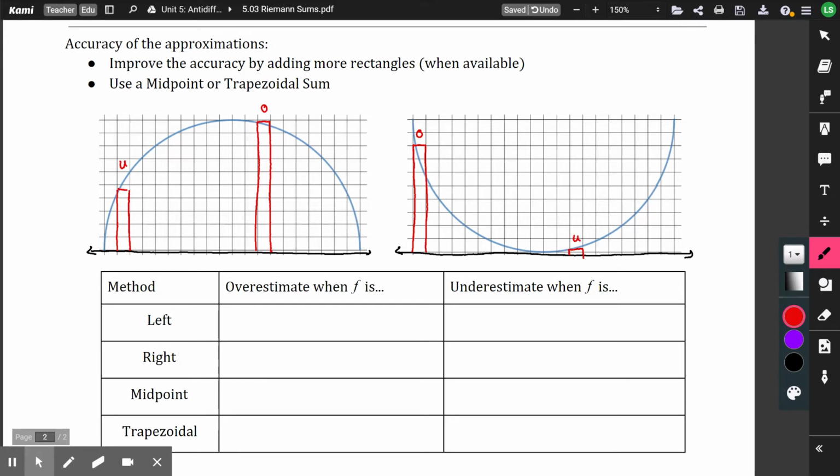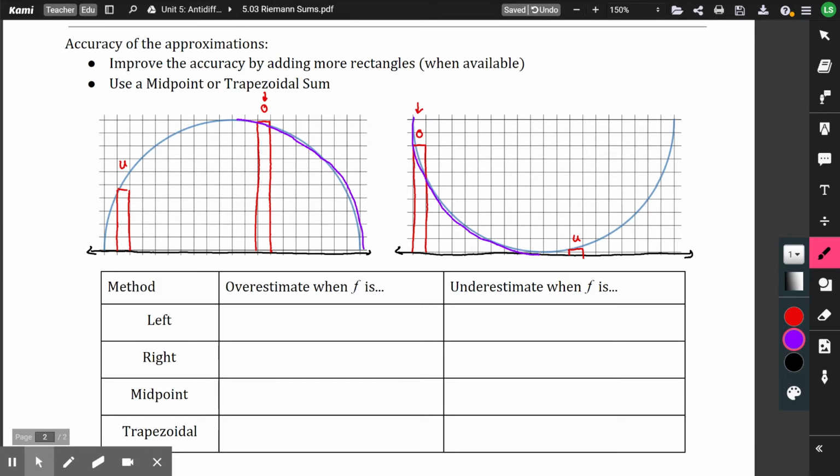So the two left rectangles that have an overestimate are happening for these types of functions, in terms of the way the function is curved and in which direction the function is heading. What I mean by that is that for both overestimates, the function is decreasing both times. The function is decreasing along this portion of the curve and then also decreasing along this portion of the curve.